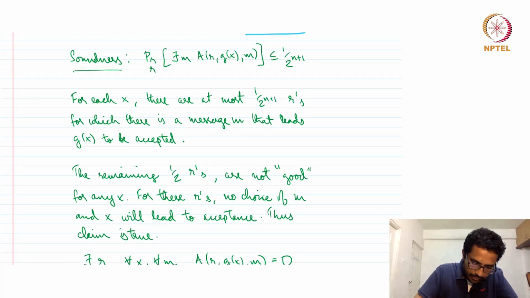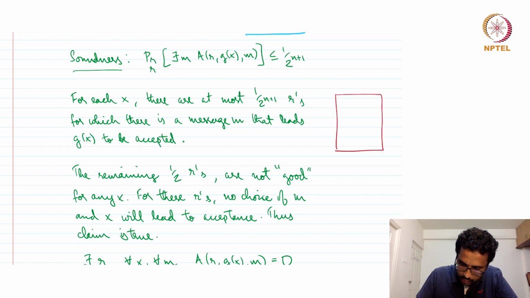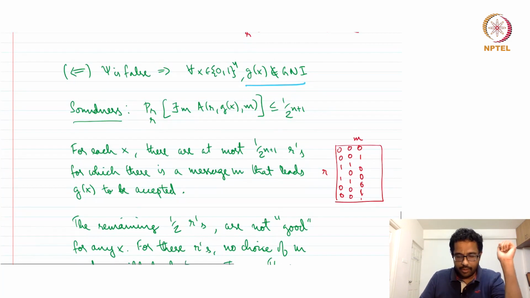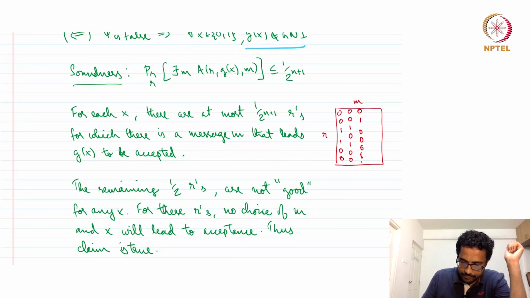so let us see. So this is R and this is M. There is a matrix of zeros and ones, and we know that for any x, because of the for all x quantifier, there are at most 1 divided by 2 power n plus 1 fraction of r's for which there is a message m that leads to gx getting accepted.